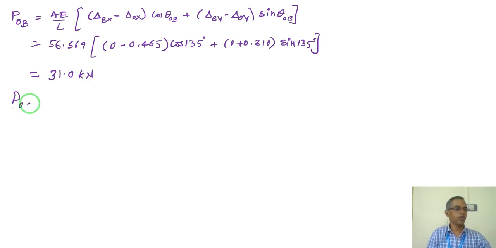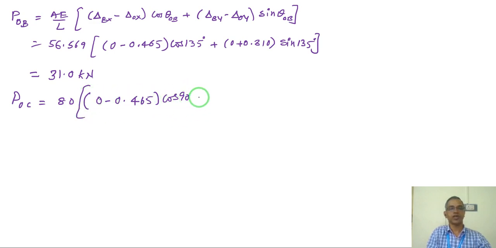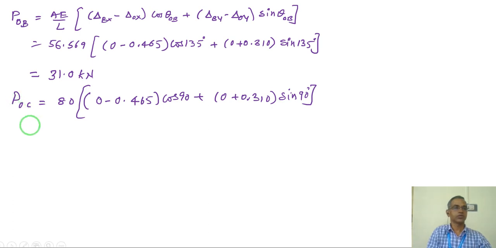Similarly, POC can be AE by L, which for POC is 80, and the delta here will not change. The delta BX and delta OX in this case will not change. 0 minus 0.465 times cos 90 degrees, OC remember is 90 degrees, plus 0.310 into sine 90. So this will be equal to 24.8 kilonewton.